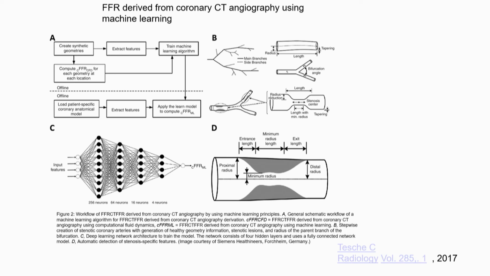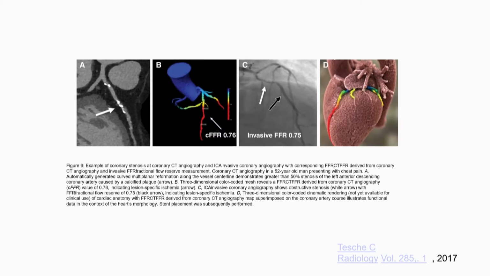Essentially, you do a lot of this, and the machines keep running, and you can model it. Obviously, I have no idea how they do it mathematically, but essentially, they can also come out with FFR based on CT scan. I think there are some publications showing that it's promising, but I don't see this will ever reach commercial because HeartFlow is quite aggressive in making sure this doesn't reach the market, I think.